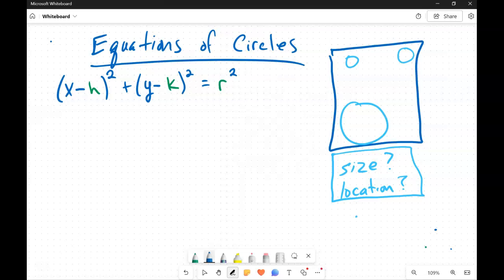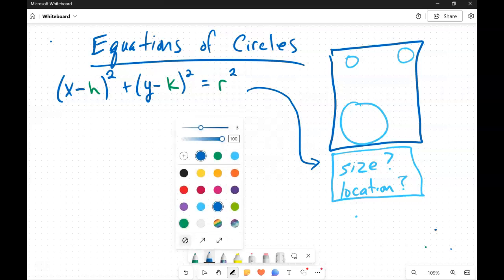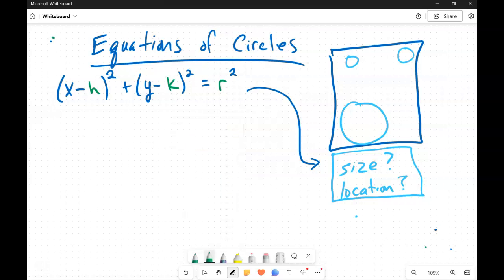Now, here's how these connect to our conversation about the equation telling us the size and the location. If we think about the location of a circle, we determine it by where its center is located.